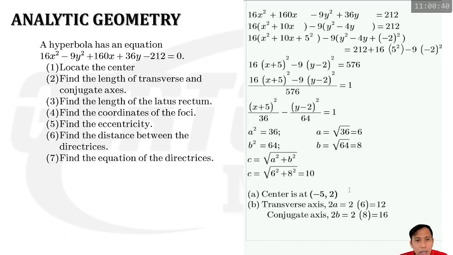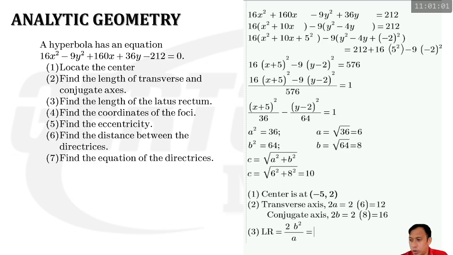Next, the length of the latus rectum. This is part 3. Length of the latus rectum, LR. LR is equal to 2b squared over a.